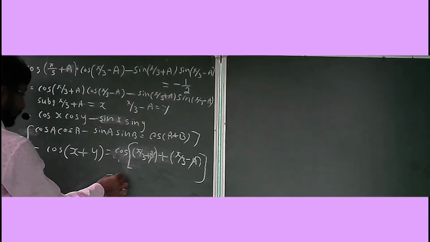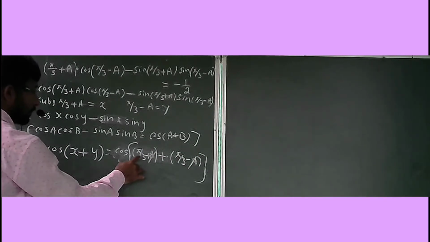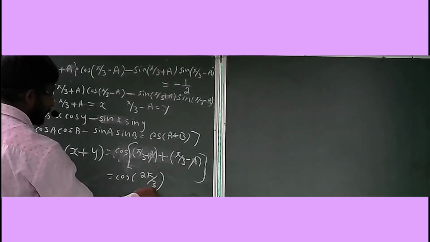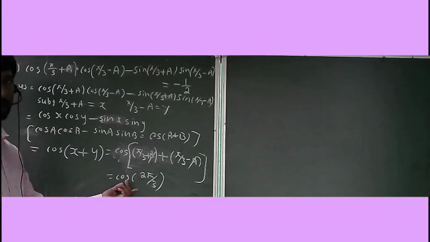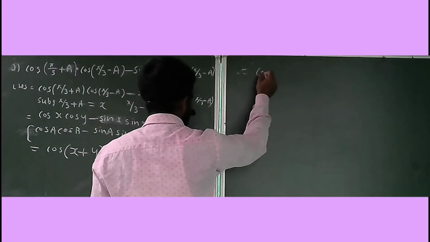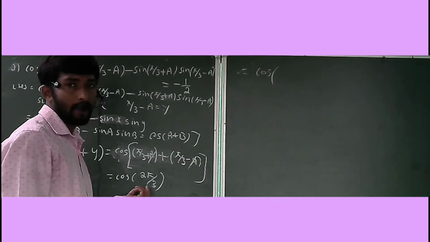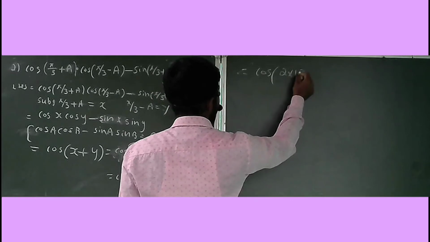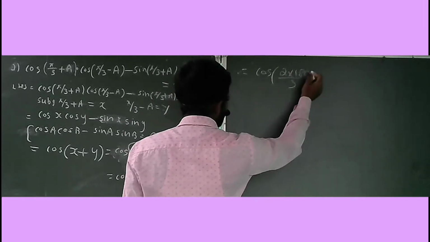You will get cos of pi by 3 plus pi by 3, it's equal to 2 times pi by 3, or 2 pi by 3. Clear? In the next step, see, it's equal to cos of, what's the angle 2 pi by 3? 2 pi by 3 is nothing but 2 into pi, means 180, divided by 3.